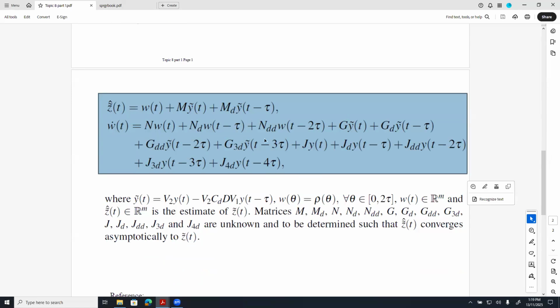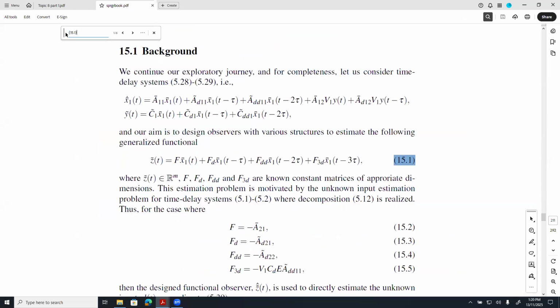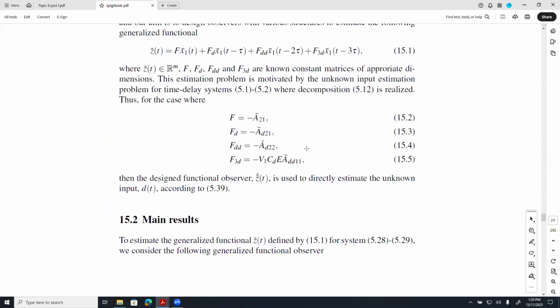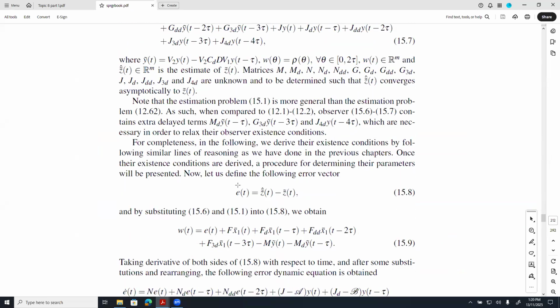Okay, so just like what we adopted in our previous developments, we can apply our unified framework for deriving the existence conditions. And so what we do is we say, okay, let's adopt the same framework, taking the error vector, which is the difference between the two functionals.